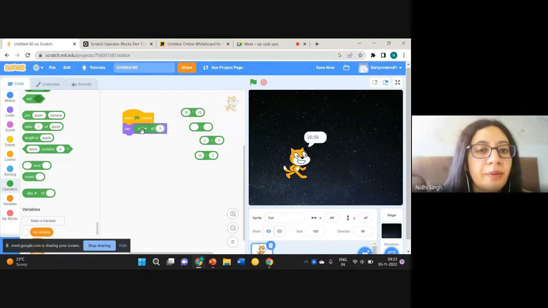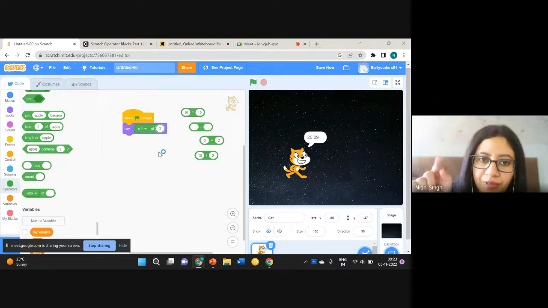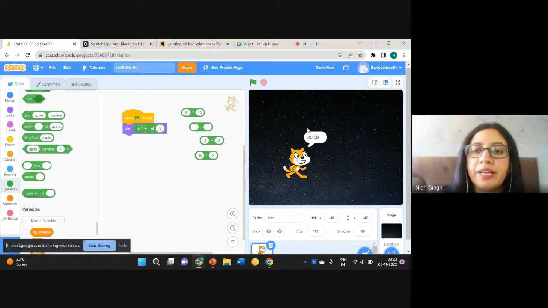Now the programmer wants me to do this calculation, and the computer will take 3 as power and multiply 2.72 three times, and it will give you the output as 20.09. So this is Euler's number. Clear?